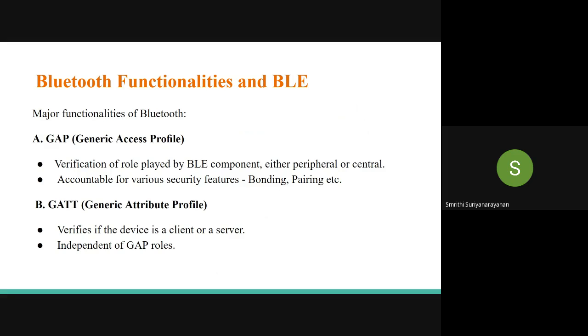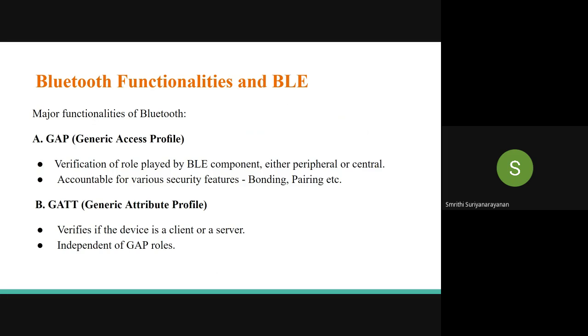There are two major functionalities of Bluetooth, namely generic access profile and the generic attribute profile. The generic access profile or the GAP layer in Bluetooth Low Energy Stack Protocol is responsible for connection functionality. It performs two major roles, the peripheral role and the central role.